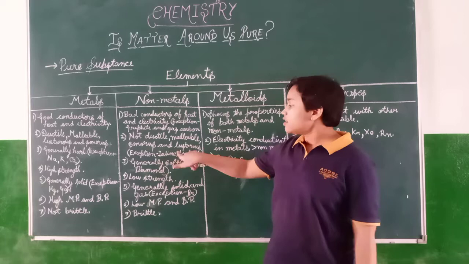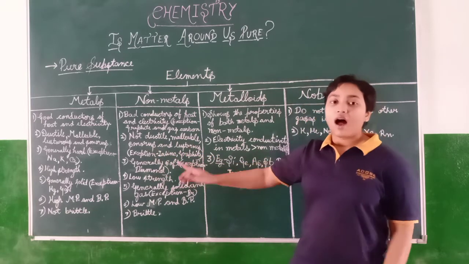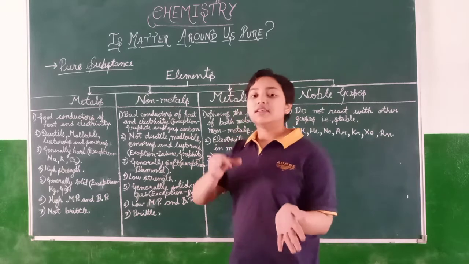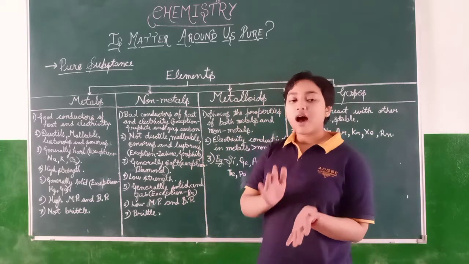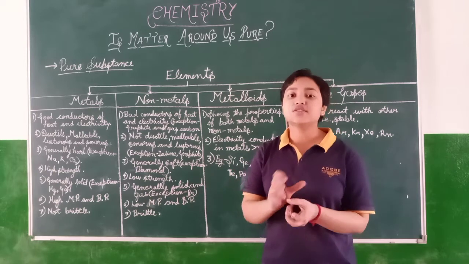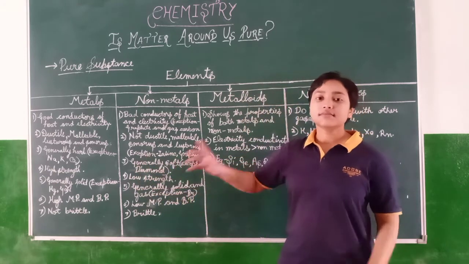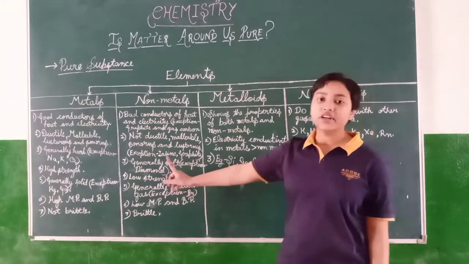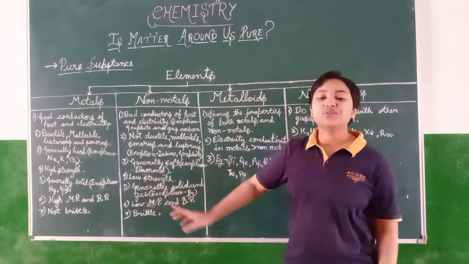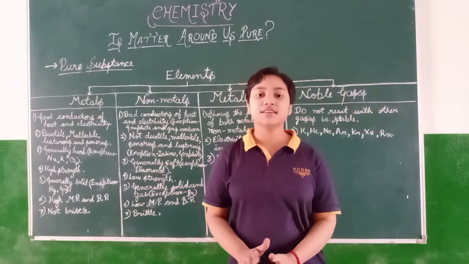But there are exceptions in lustrous: iodine and graphite are the exceptions for lustrous. Non-metals are generally soft, but the exception is diamond. And as you know, diamond is the hardest substance ever on the earth.